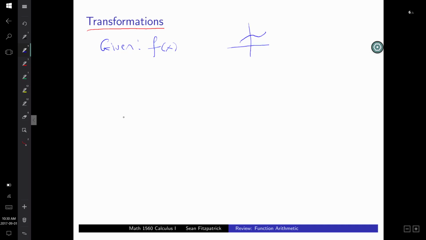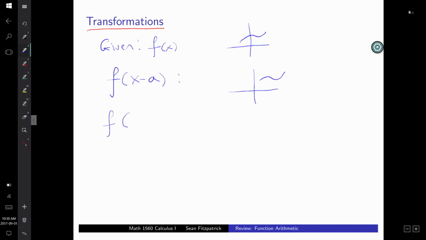You can consider things like f of x minus a, right? And that's the same picture, but you've shifted things to the left, right? So you've done this composition. X plus a, you shift to the right.